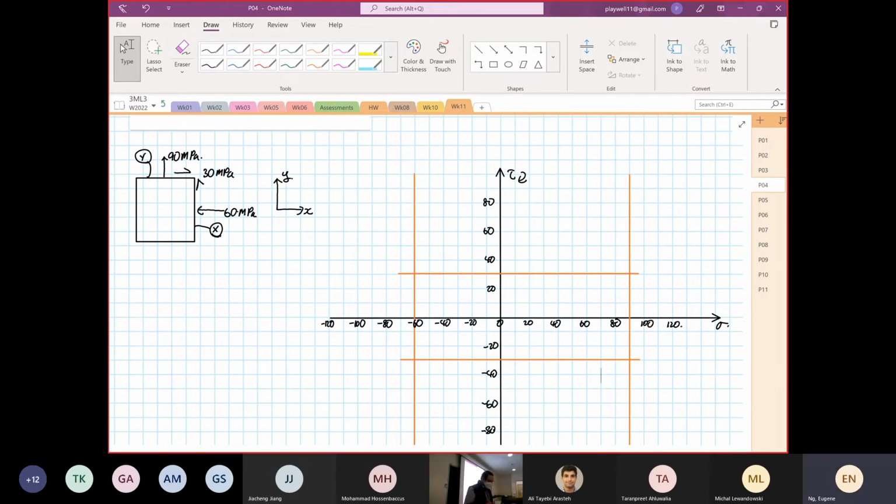So the next thing we're going to do, we are going to look at our 60 value, point X. We know that this is our stress X line, and this is your stress Y line, right?